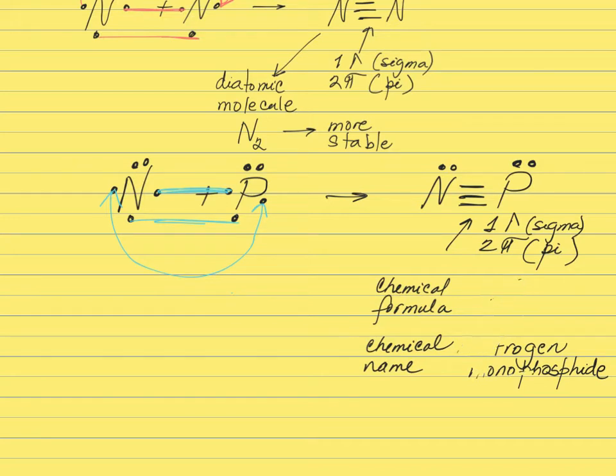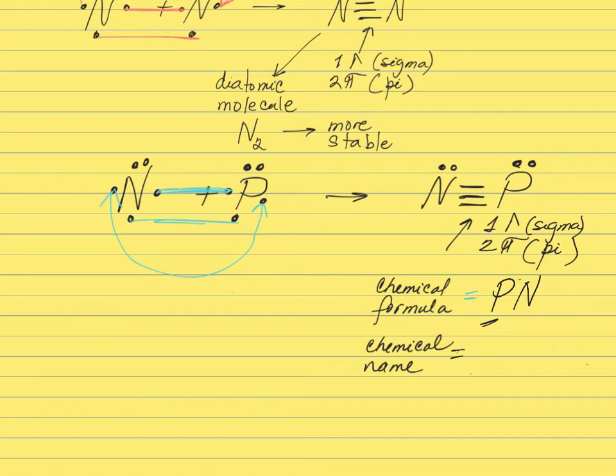The formula, always, you are going to put the one with the smallest electronegativity first.